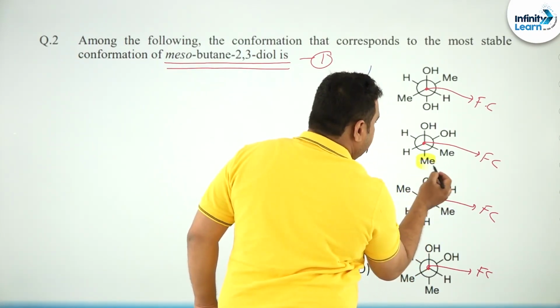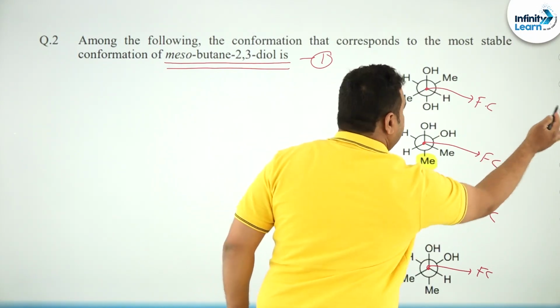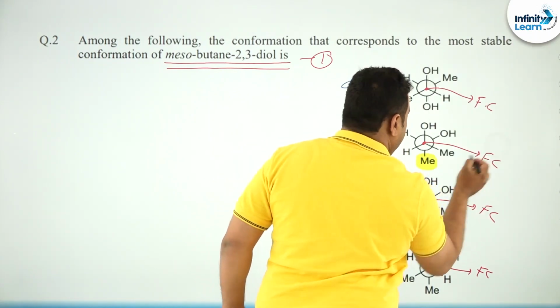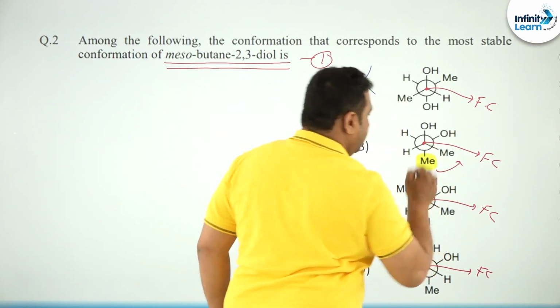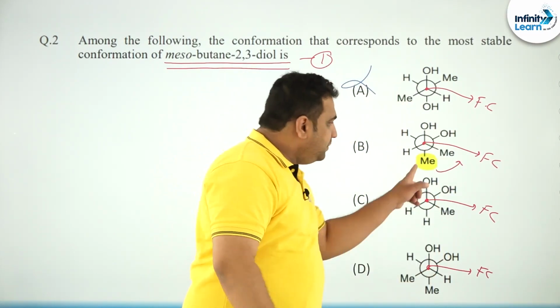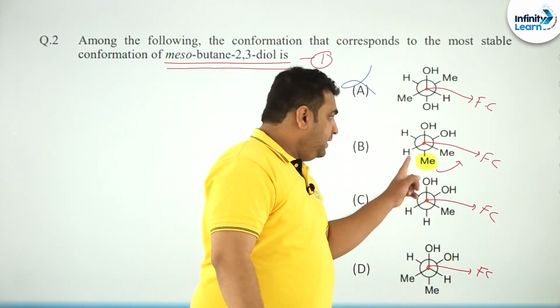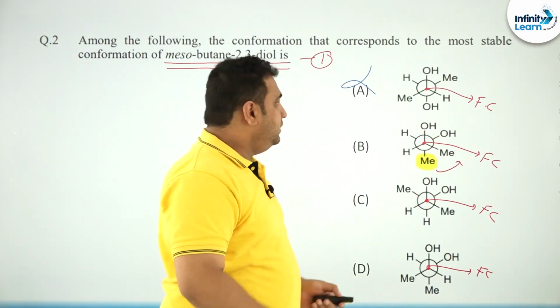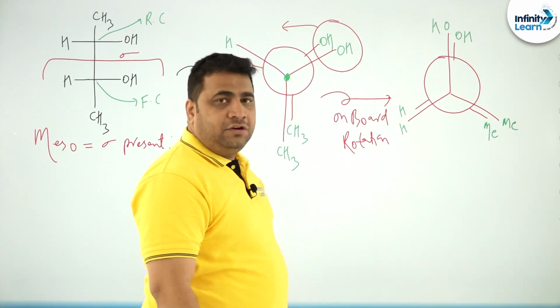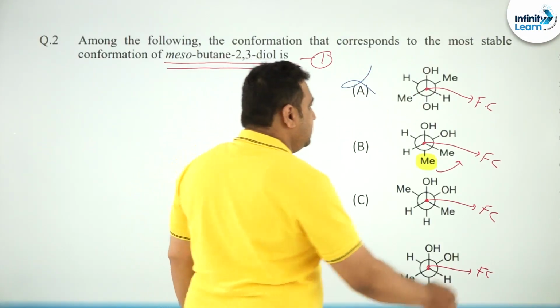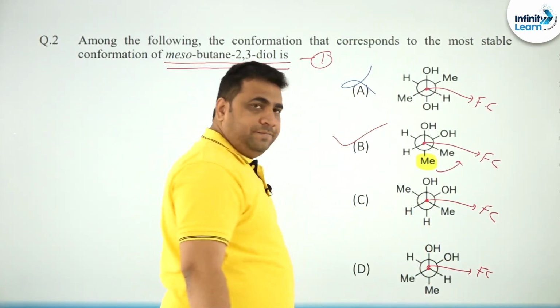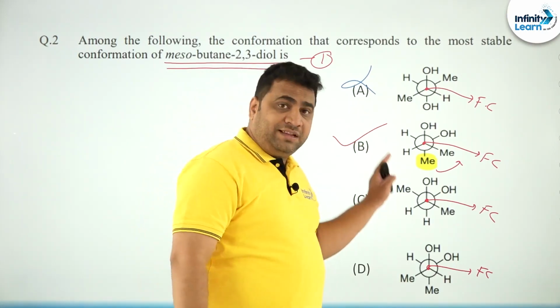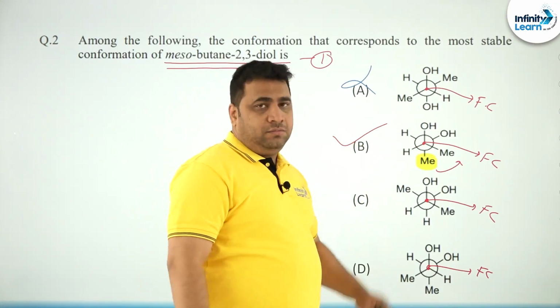This methyl which I am darkening, imagine that I am trying to push that side. That means if this highlighted methyl comes to the backside of that methyl, then OH will come backside of that OH. That means you are going to get this structure. So your answer must be option B only, because it is first of all the correct structure plus it has hydrogen bonding.